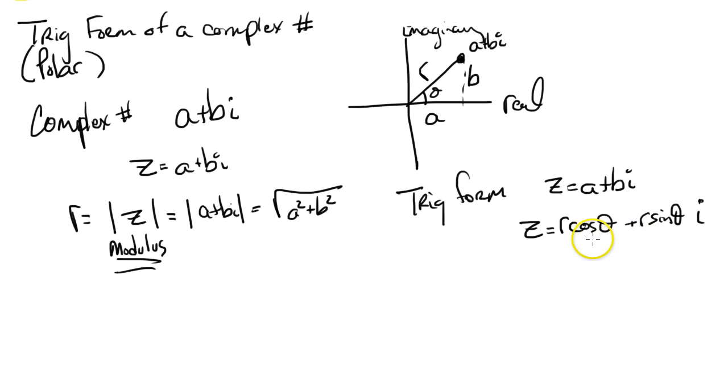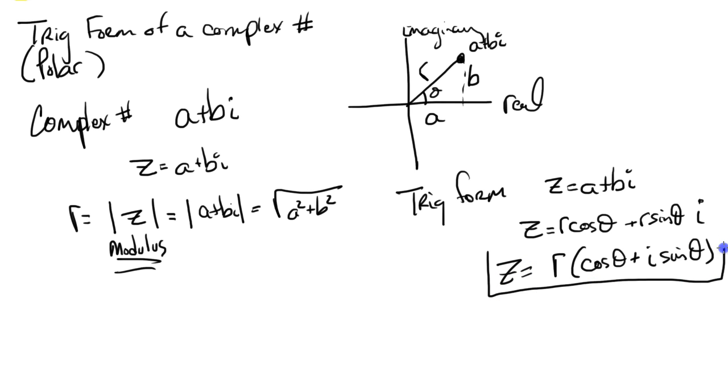Now when we look at this, we have an r in both spots. So I can factor out the r and cosine theta. And we don't like the i in the back like this, so we'll put the i in the front. So it'll be i sine theta. And so this is our formula. Z equals r parentheses cosine theta plus i sine theta.